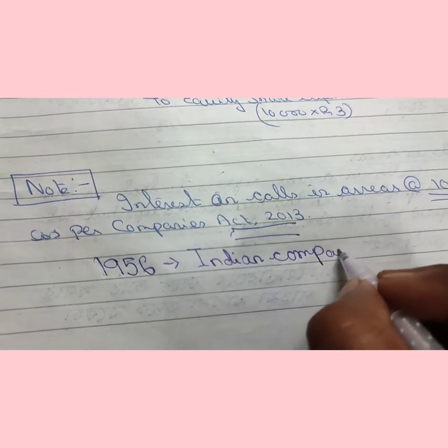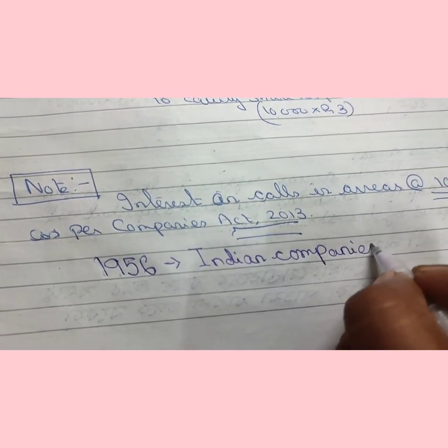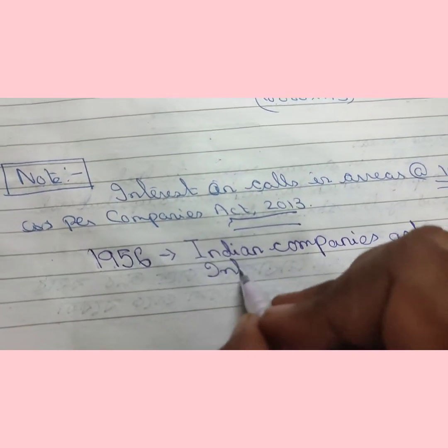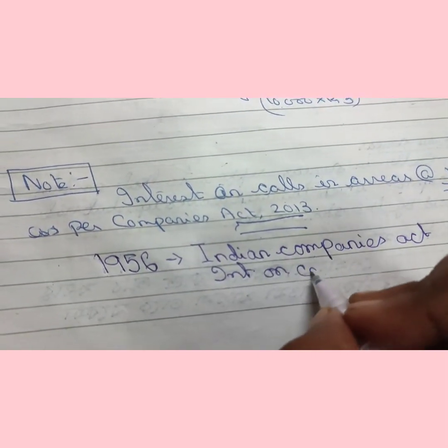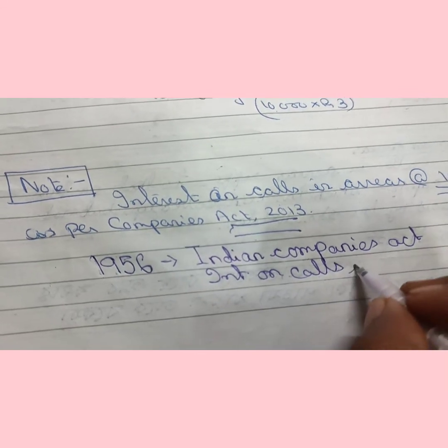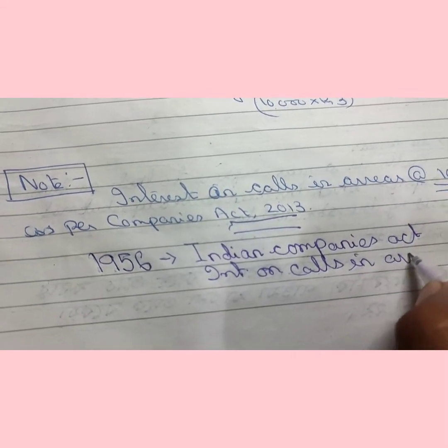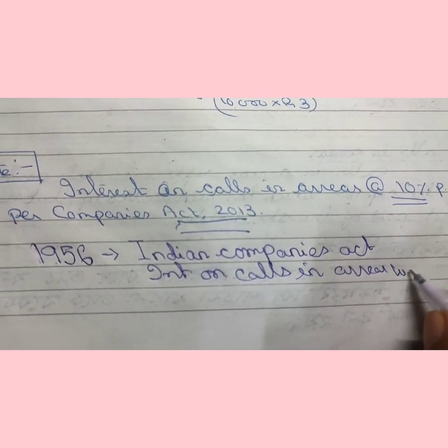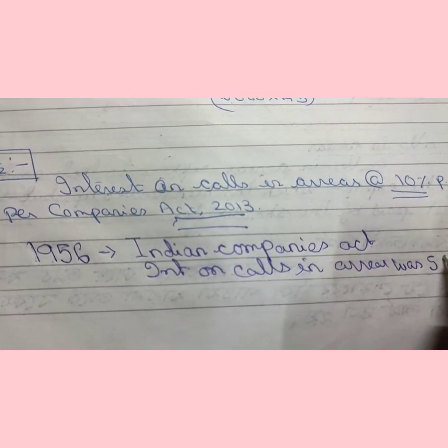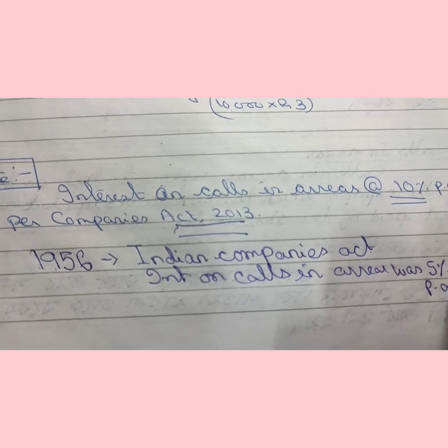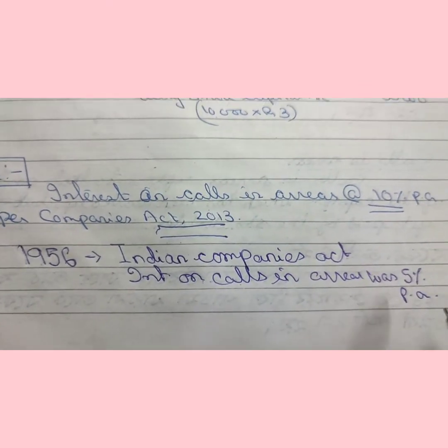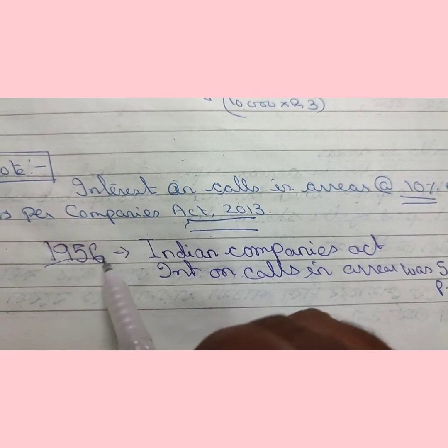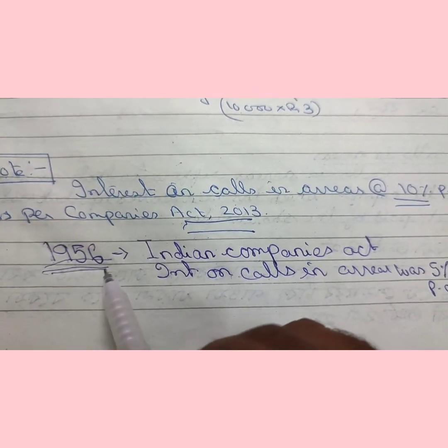According to the 1956 Indian Companies Act, interest on calls in arrear was 5% per annum. What is the interest on calls in arrear? That is 5% per annum. But you have to remember this is for 1956.